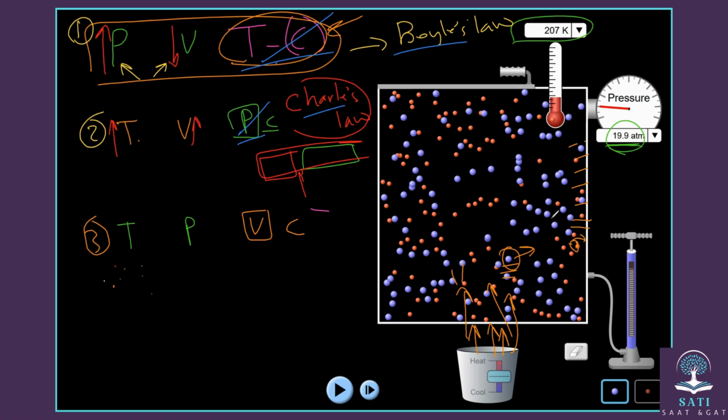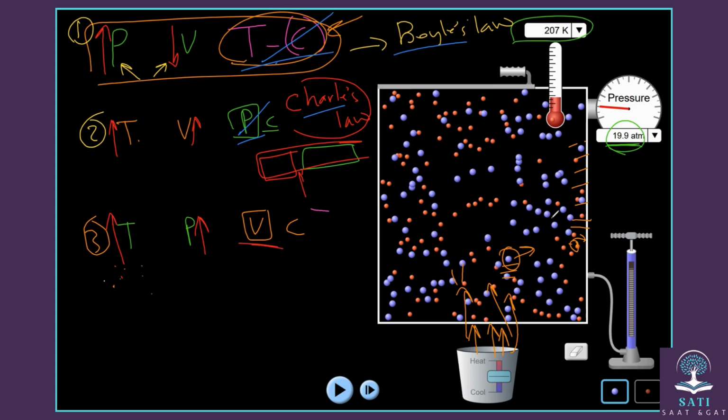When they collide faster, they knock the wall of this container with higher force. Higher force means higher pressure on these walls. So when you increase the temperature, the kinetic energy of the particles increases, the collisions with the wall of the container will be greater, and the pressure will increase.